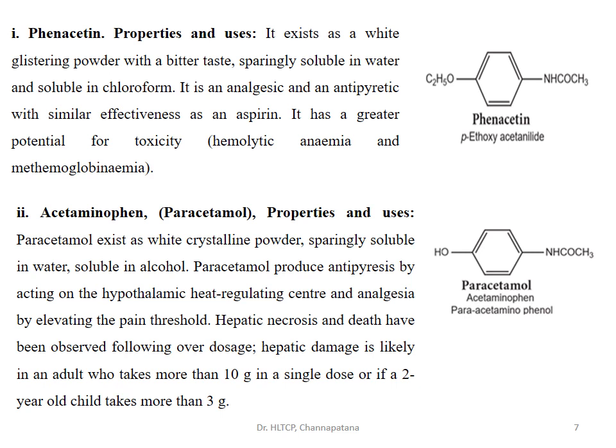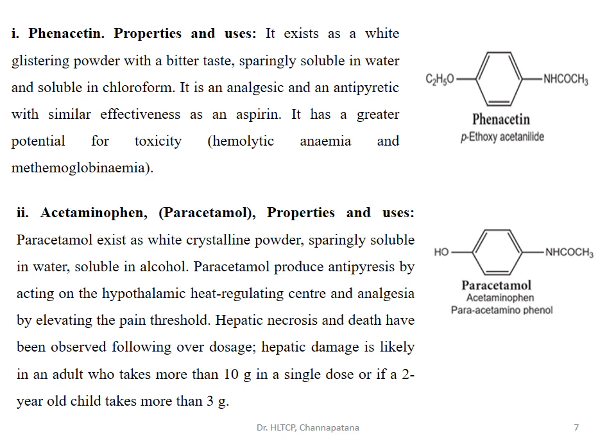This is the structure of phenacetin. It has analgesic and antipyretic effects similar to the effect of aspirin. The next drug is paracetamol. It is also a very common drug, that is acetaminophen.